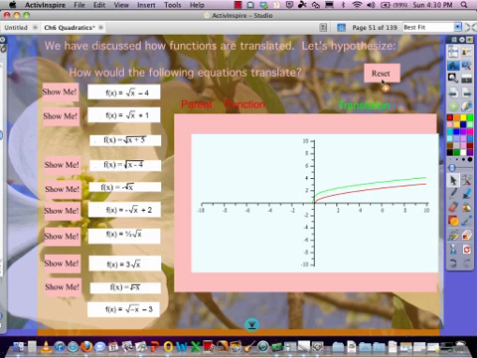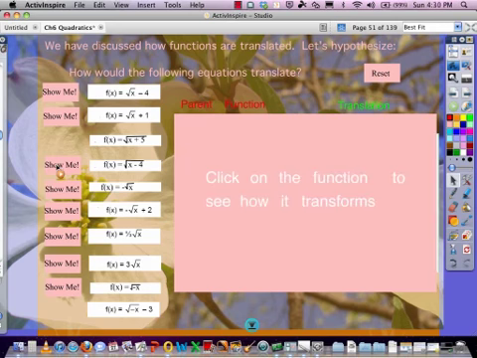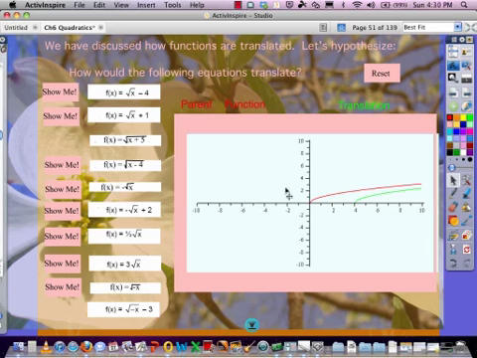So if we reset and then choose it, we will see that our original parent function is again in red, and now this was a move 4 to the right from where we were when we were looking at the parent graph.